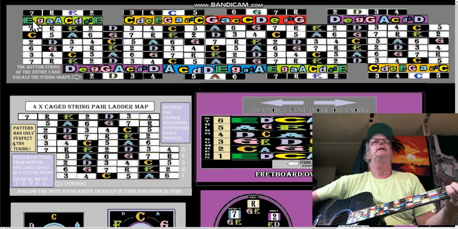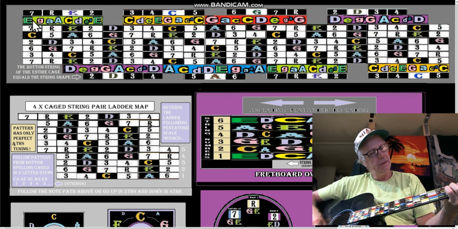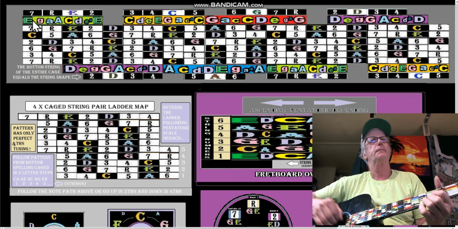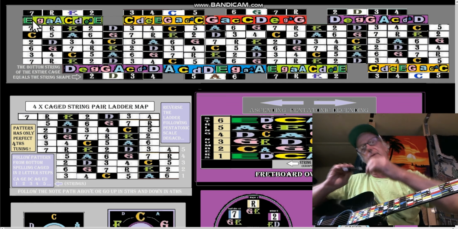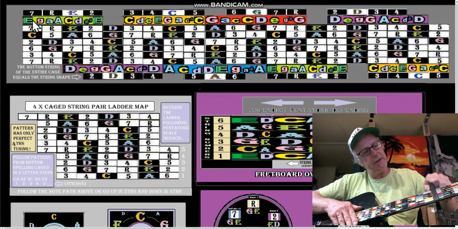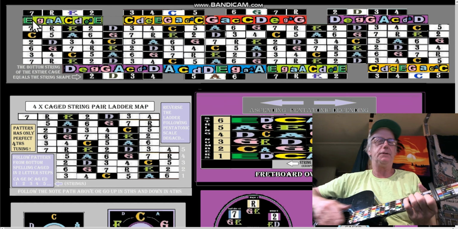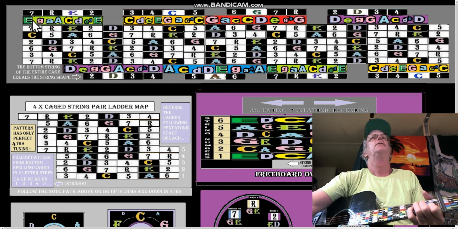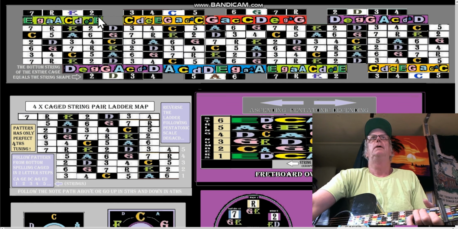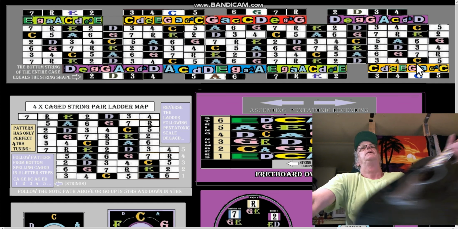So this is like the E-shaped C, and then the D-shaped C, and your guitar is probably tuned where your nut's right here, and this would be the C-shaped C. So that would be the C shape. So this is all cases that we're looking at.